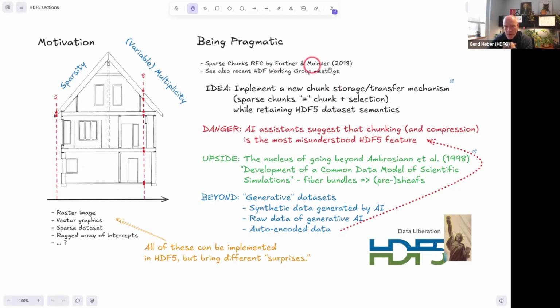If you want to view structured chunks as a new storage layout, then there might be others. But then, of course, with the arrival of AI, autoencoders are very popular.